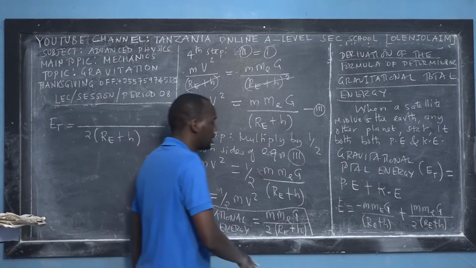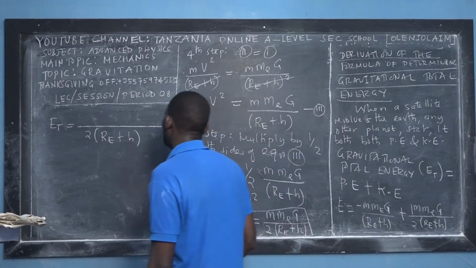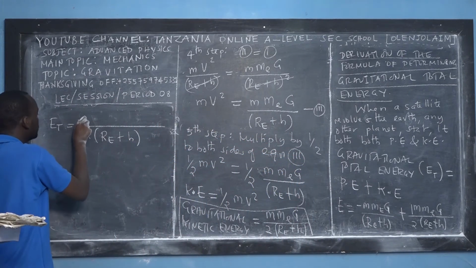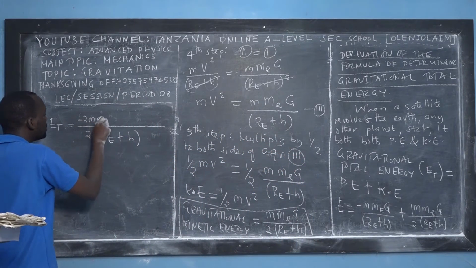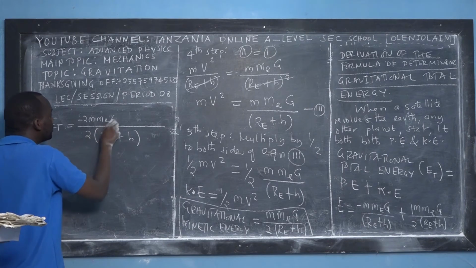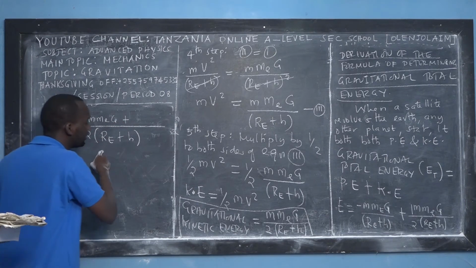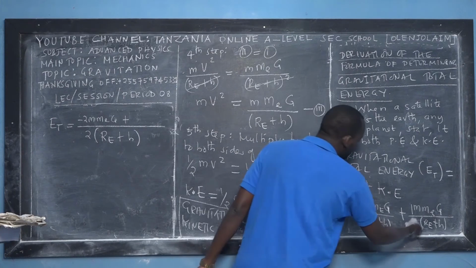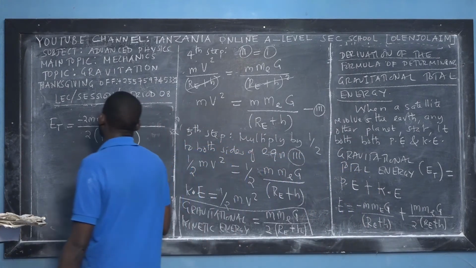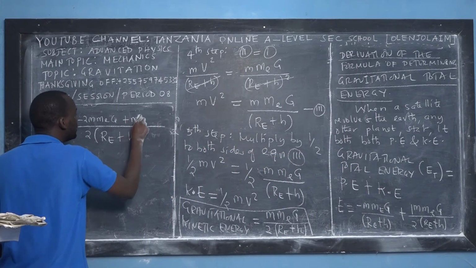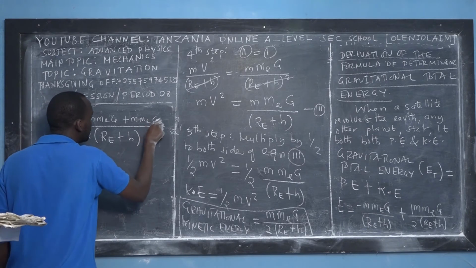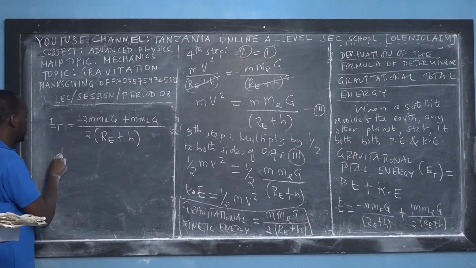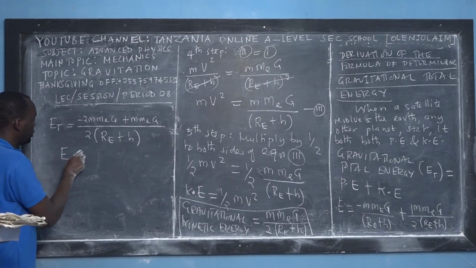So take this LCM divided by this, we get -2 times the mass of the Earth, mass of the satellite, gravitational constant, plus take this LCM divided by this one, so plus the mass of the satellite, mass of the Earth, times the gravitational constant.